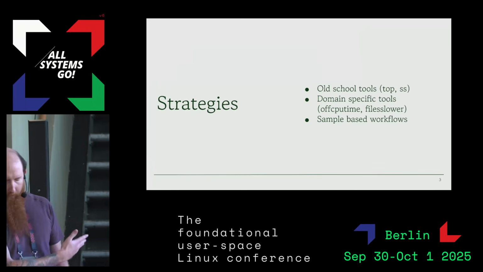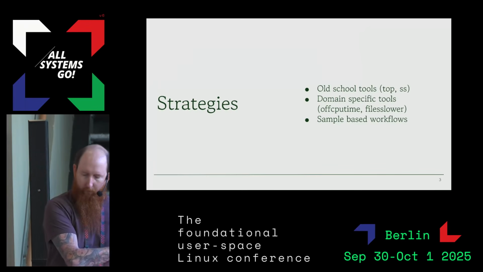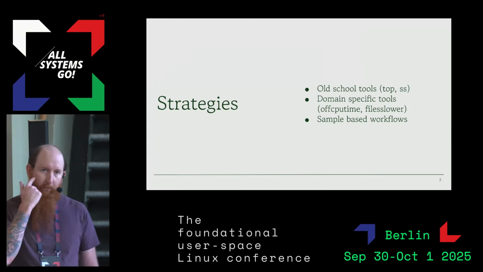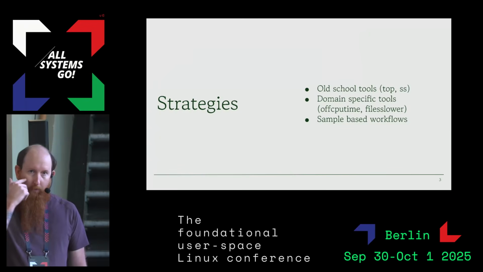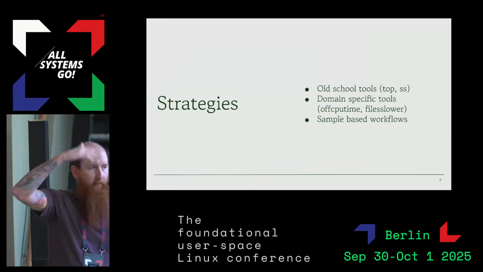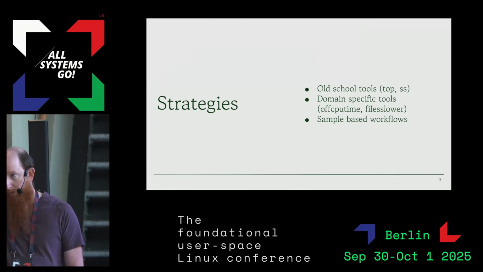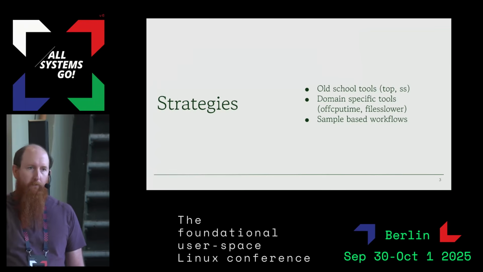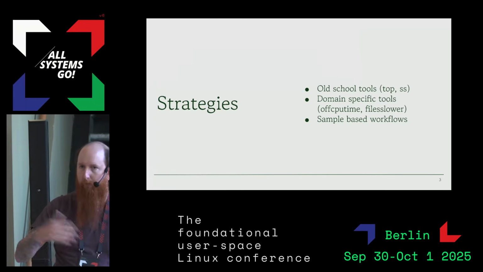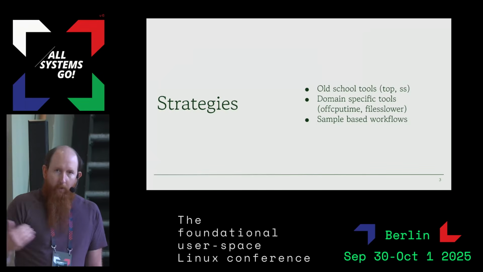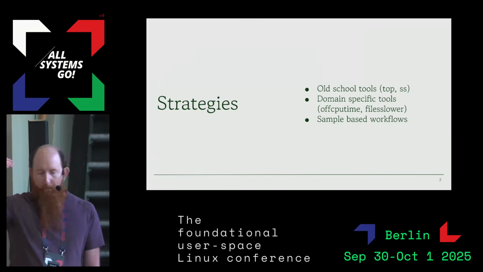So I kind of talked about this before, but like the general strategies that I have when it comes to debugging problems kind of starts at like the basics, right? You have top, you have SS, you have netstat, you have all of these tools that can give you snapshots of views into different subsystems, networking, file systems, I/O, memory, all of that kind of stuff. So you can always start there, right?